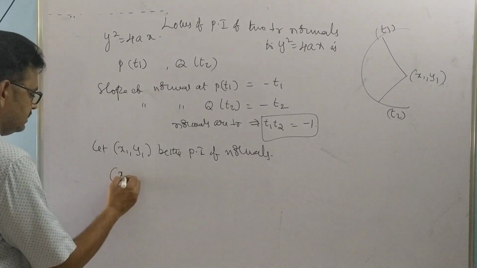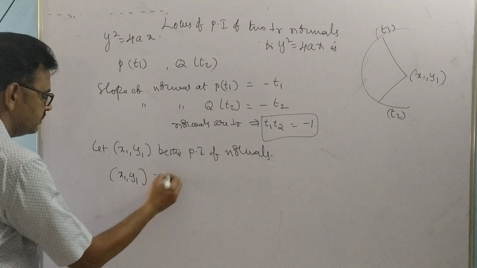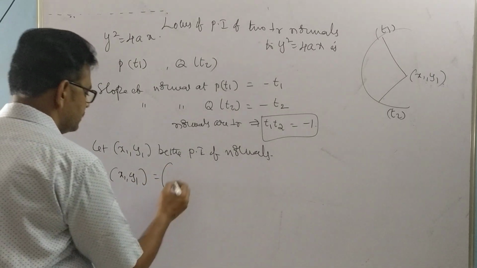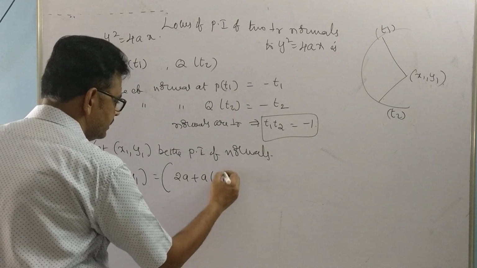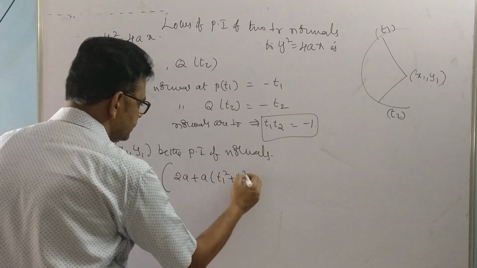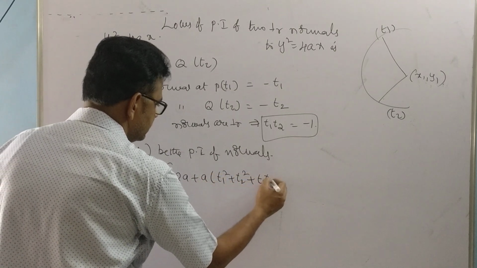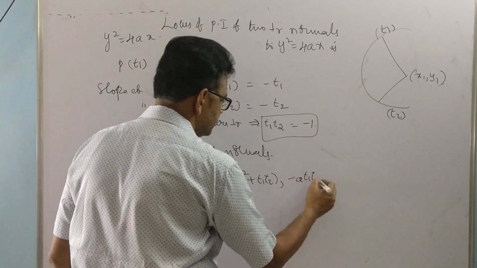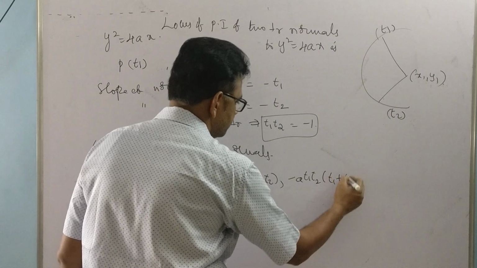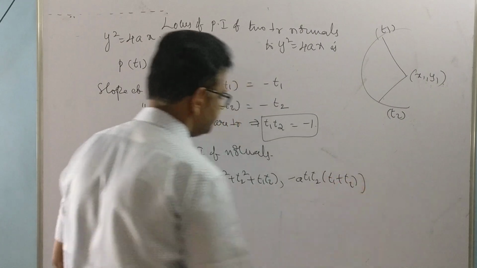That is x1 comma y1 is equal to, you know the formula, 2a plus a into t1 square plus t2 square plus t1 t2 comma minus a t1 t2 into t1 plus t2.